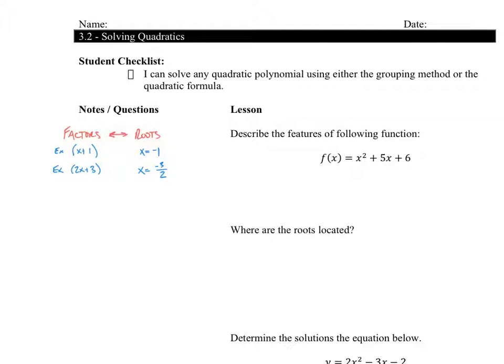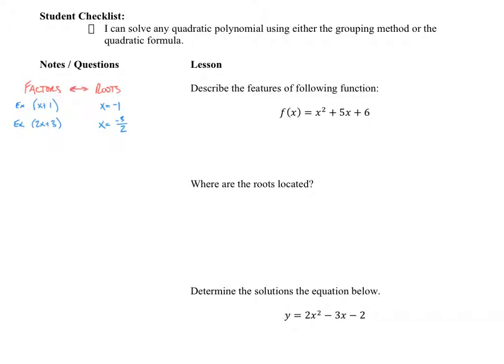All right. So what we're going to do here is describe the features of this function that we've been given, this f of x. It's a parabola, so we know that. And from our previous lesson, we could say a lot of things about this. One of the things that we could say is it should have two roots. We know that just from what we did in class.